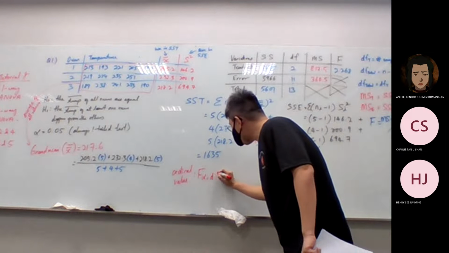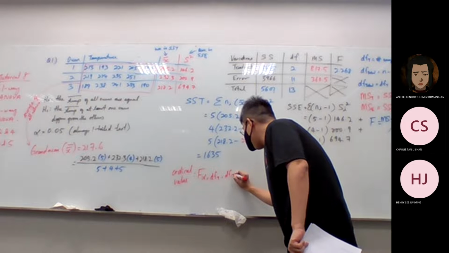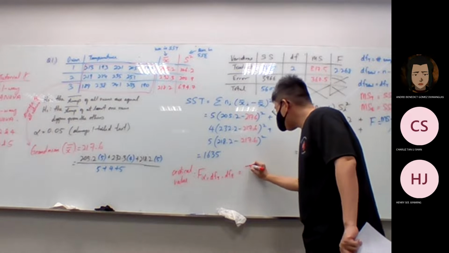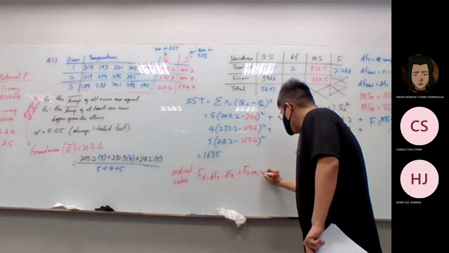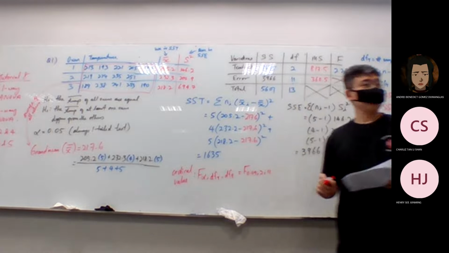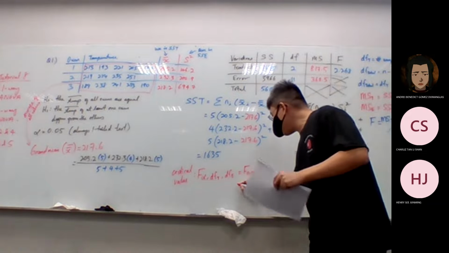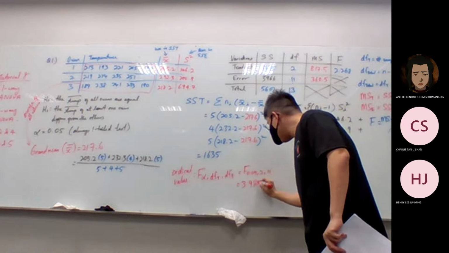One is the degrees of freedom for treatment, the other the degrees of freedom for error. So in this case, it is 0.05, 2, and 11. So you find from the table, you get 3.98.